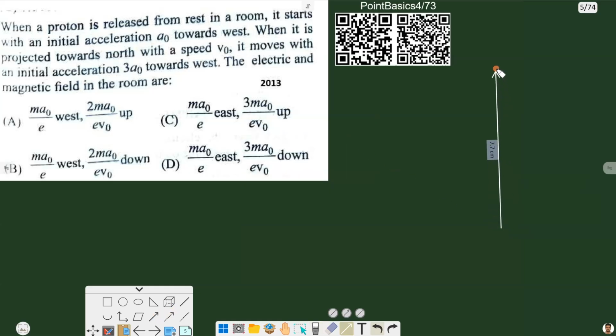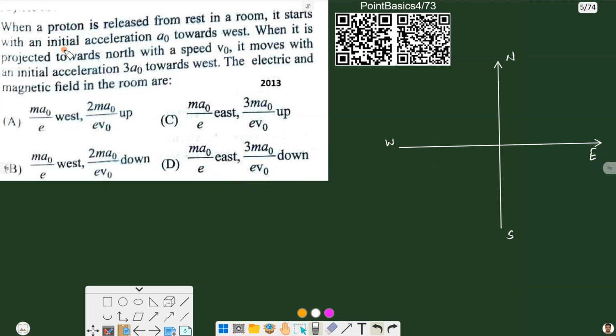Suppose these are our directions. This is north, south, east, and west.